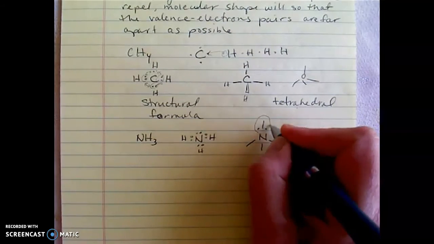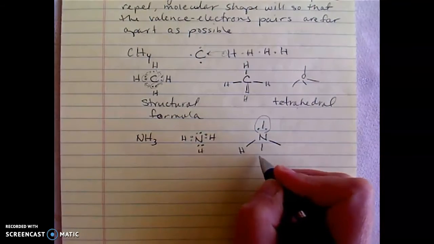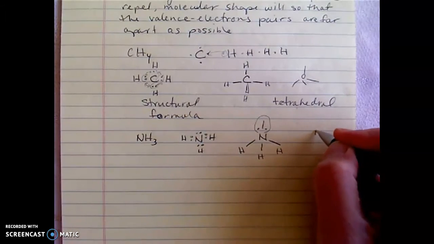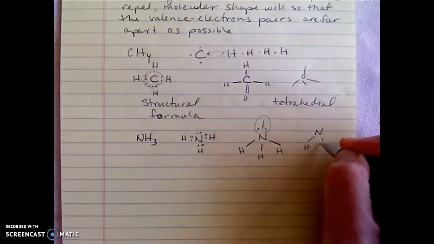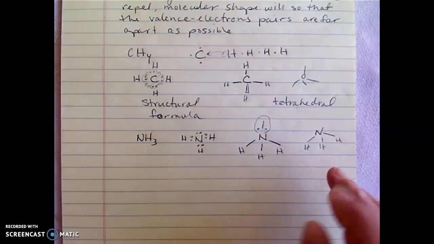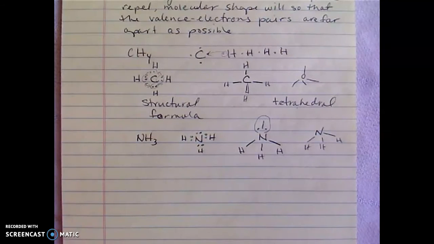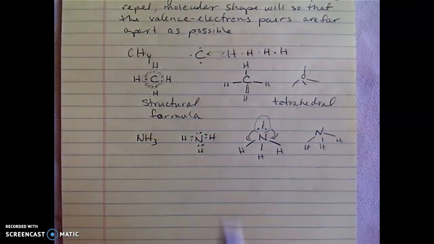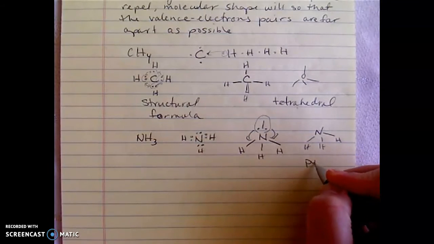Now remember, this does take up space, and then you'll have your hydrogen, and hydrogen. And so then when we look at just the structure of the atoms, this is what we are seeing. We don't see that lone pair in the structure, and it gives it a different shape. Okay. And again, these lone pairs actually push down even more, making these angles smaller than in CH4. This is called a pyramidal.